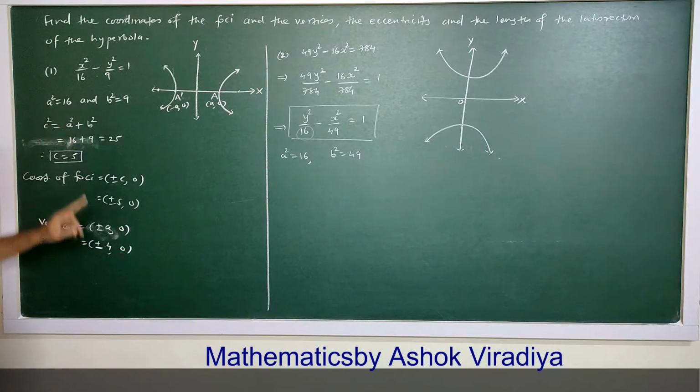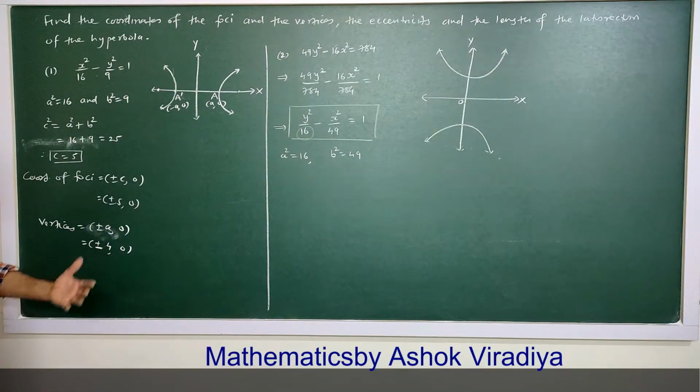A square is 16, so A is 4. So these are the vertices.